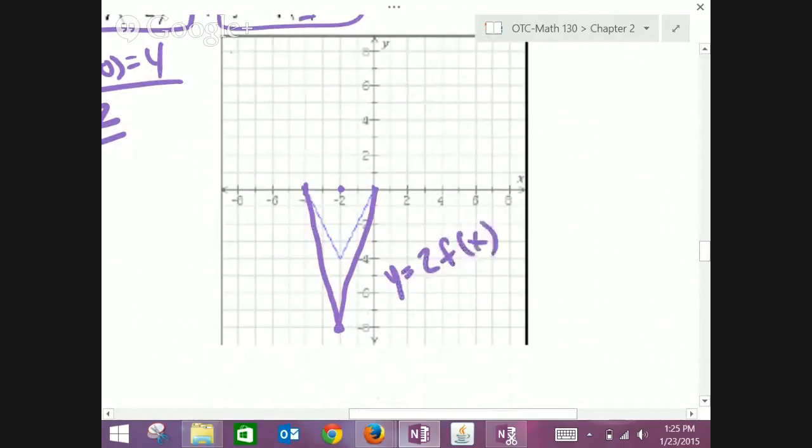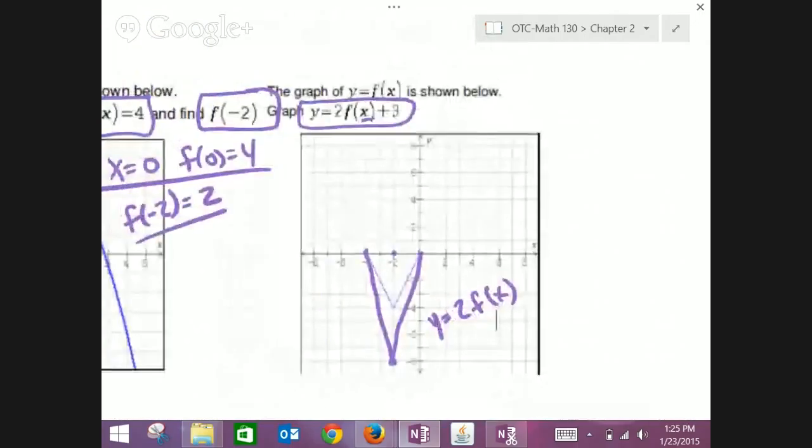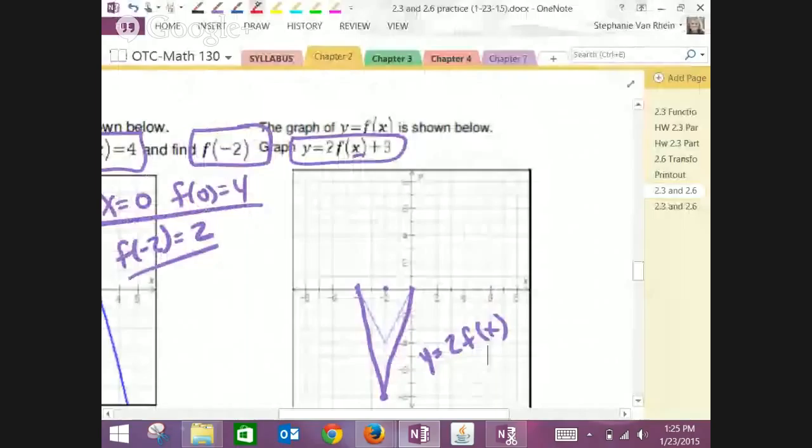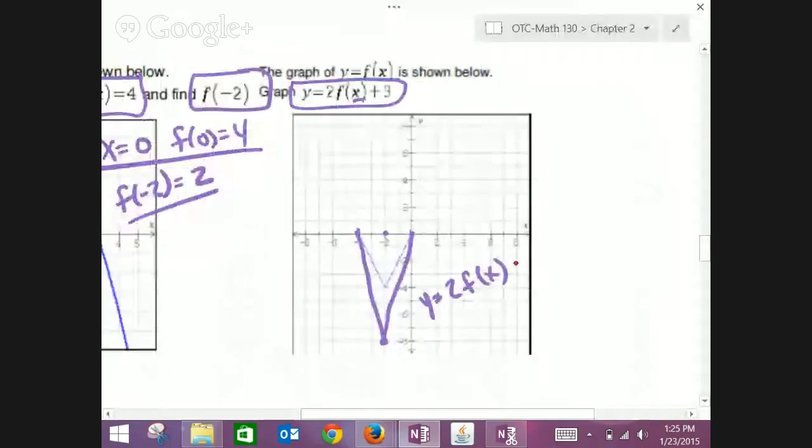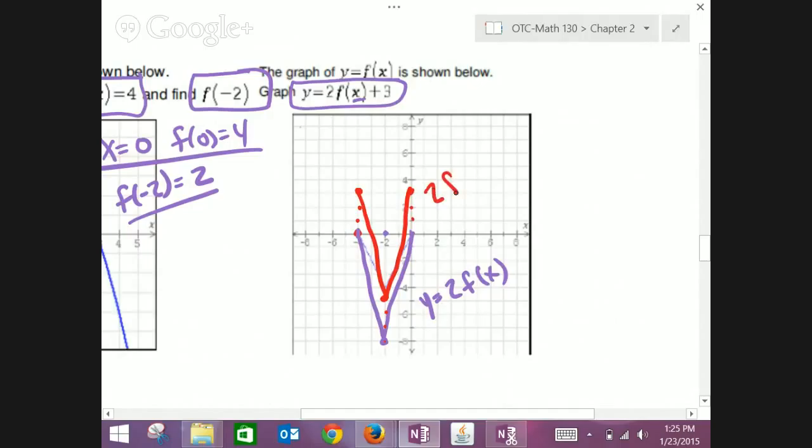So I'm not done yet because I have to add the plus 3, right? So if I want to add 3 to that, I take every point and add 3. So this new point becomes 1, 2, 3, 1, 2, 3, 1, 2, 3. So my red graph is actually 2f of x plus 3.